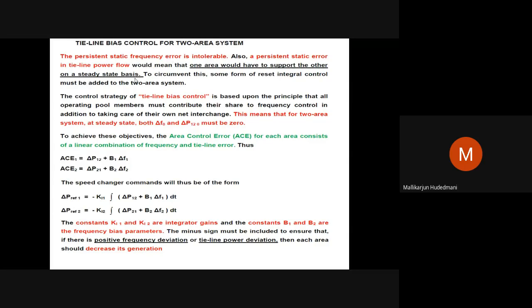So the control strategy to be utilized in such an area is tie-line bias. You can see here, it's straight away highlighted.